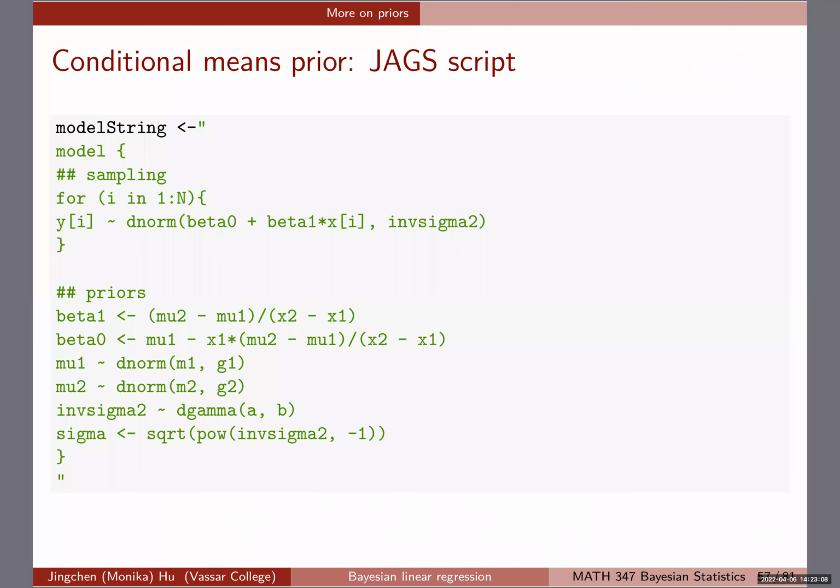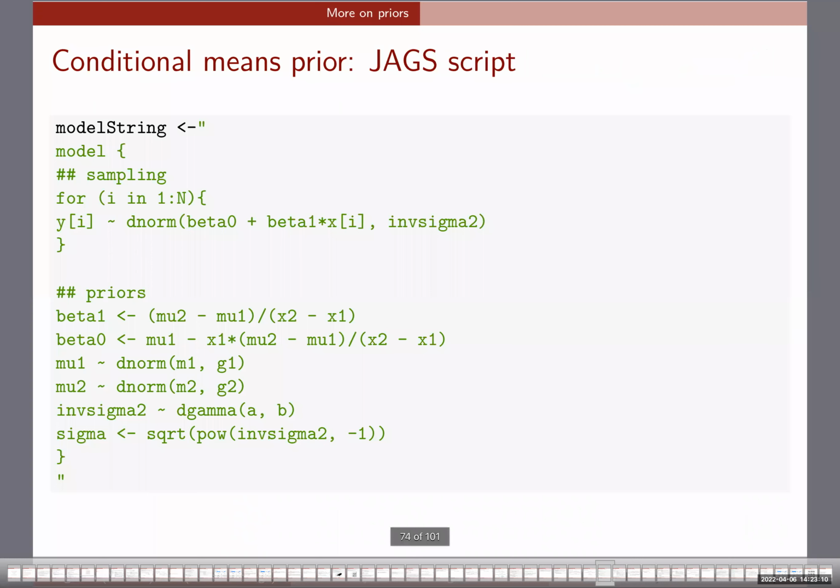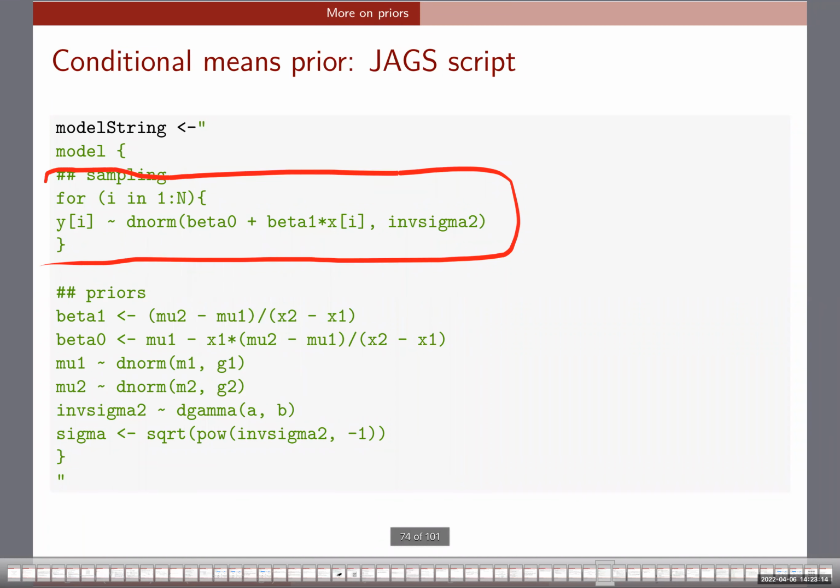So let me take a moment to show you this part. In the model string, first of all, we have our sampling, which looks no different from before. You have the loop, and yi follows a normal with mean beta 0 plus beta 1 times x, and then your inverse sigma 2. So that's no different from before. But the priors now look different.